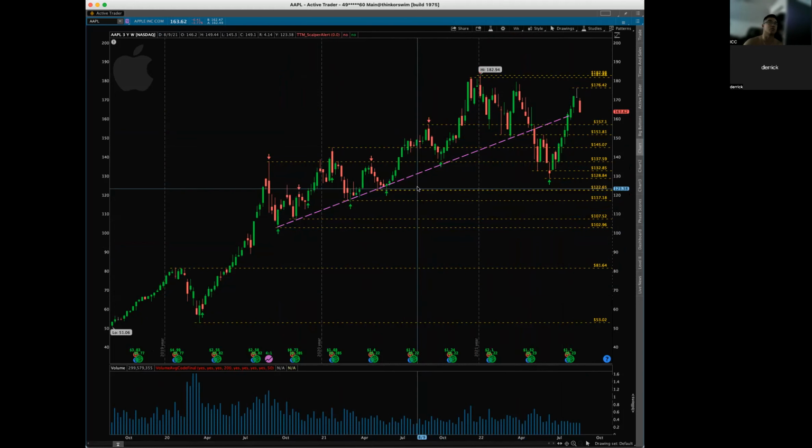You'll start to identify like, okay, hey, Apple continued to respect this uptrend until it finally broke through. And then buyers did, however, push it back up after we fell close to 20% down from there, right? So things like that, you start to look at.